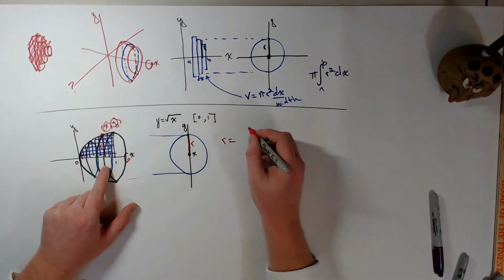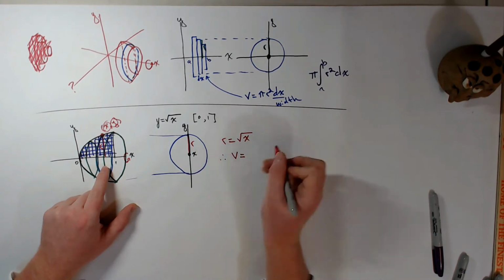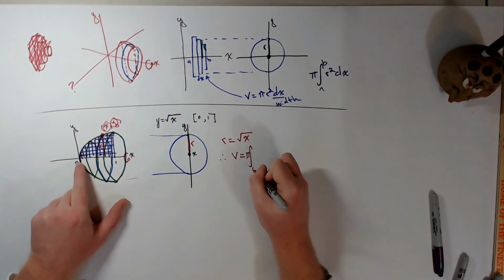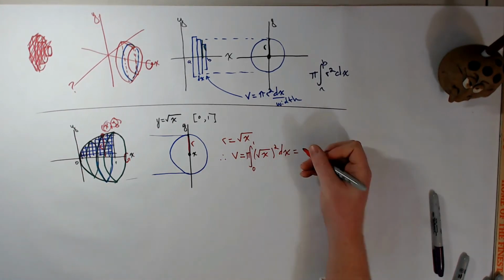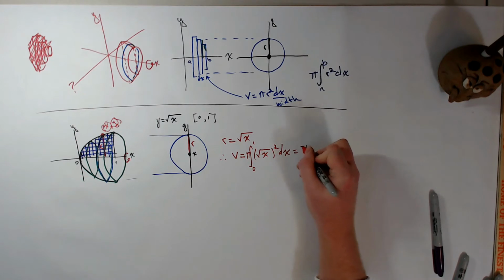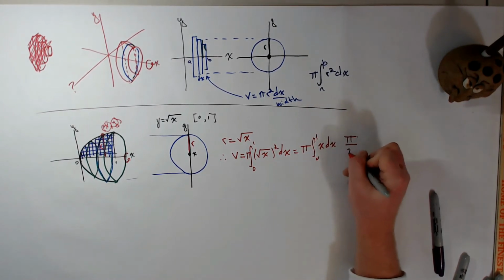So what I want is actually the y-coordinate, which is equal to the square root of whatever value of x I happen to be at. So the volume of this solid is pi times the integral from 0 to 1 of r squared, or the square root of x squared dx. And solving this, we get pi over 2.